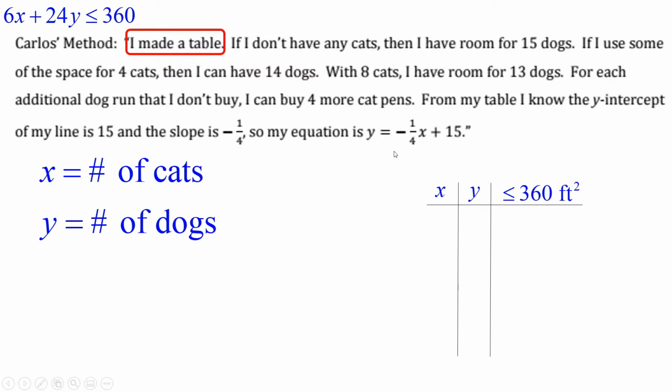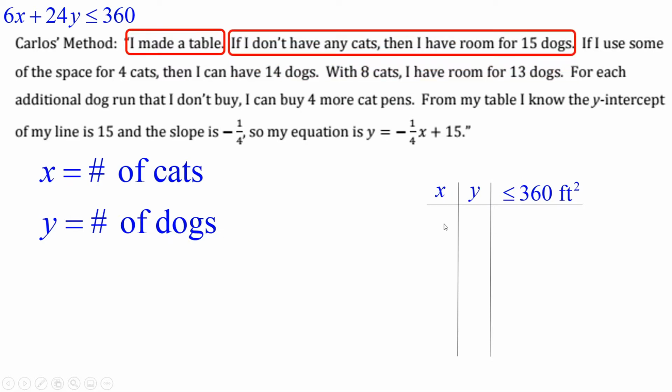Okay, now let's see what Carlos did. If I don't have any cats, so Carlos will not need a cat pen, I should say, then I have room for 15 dogs. Okay, there we go. And that 15 times this 24, because 24 times y is 360, that would have to give me a 360. So let's check this out.